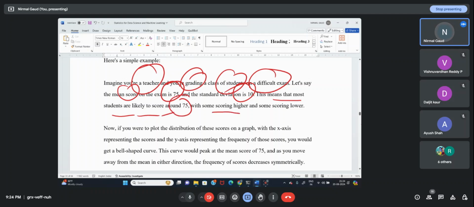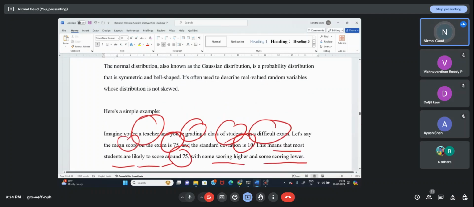Some are scoring higher than 75 and some are scoring lower than 75. So the mean score is 75 and the deviation is 10, so obviously we are having 75 plus minus 10.